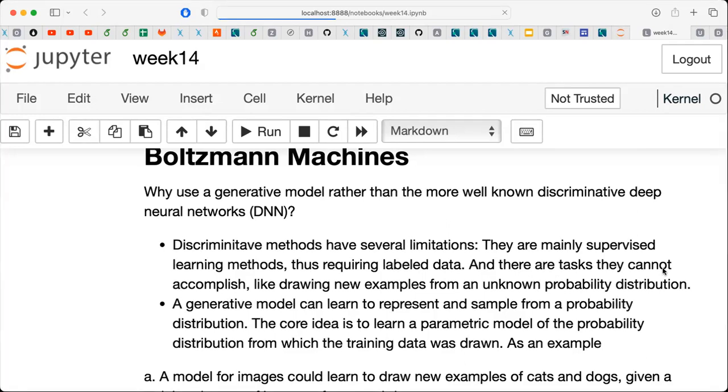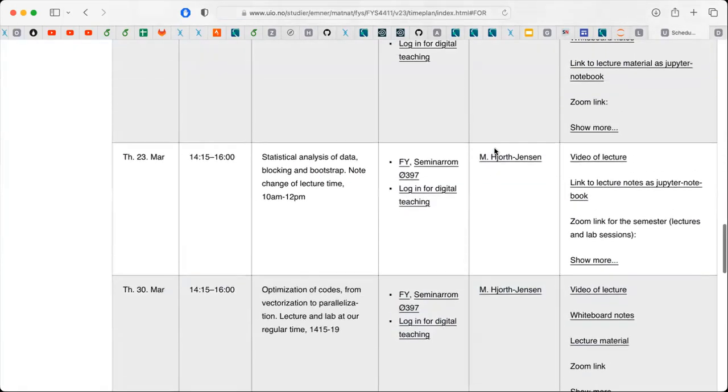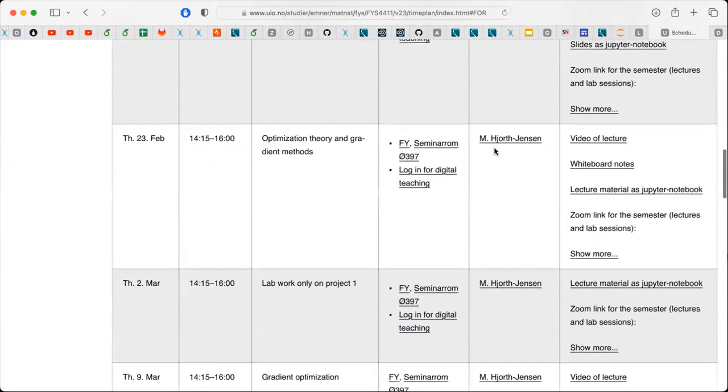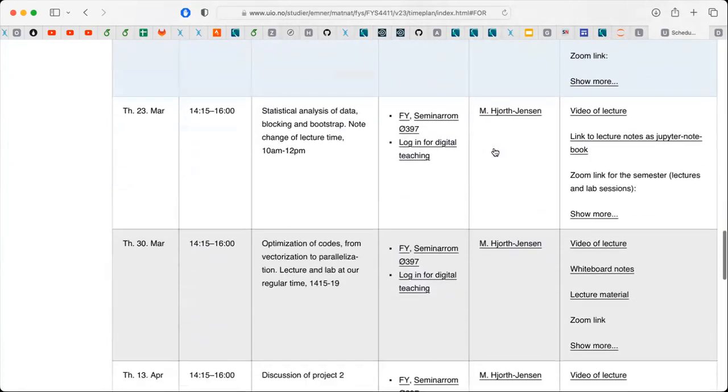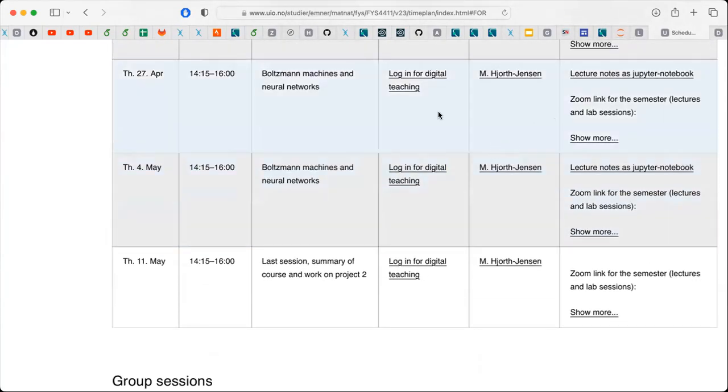And if you now look at the final schedule for the semester, if you take a look at the official website of the University of Oslo for Physics 4411 and scroll down, you will see that today we are mainly going to focus on the Boltzmann machines and how we can implement these in project number 2.